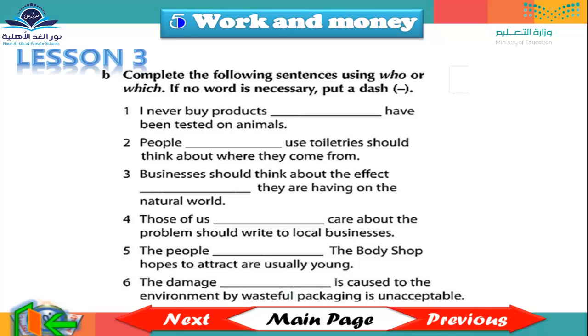Here in exercise B, complete the following sentences using who or which. If no word is necessary, put a dash. You can read the sentences yourself and try to think of the correct word. Choose who, which, or put a dash.